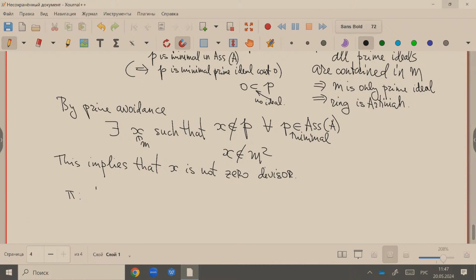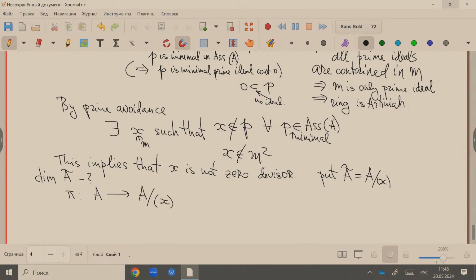So now let us calculate the dimension of A tilde. We put A tilde to be A modulo x. The question is how we can calculate the dimension of A tilde.